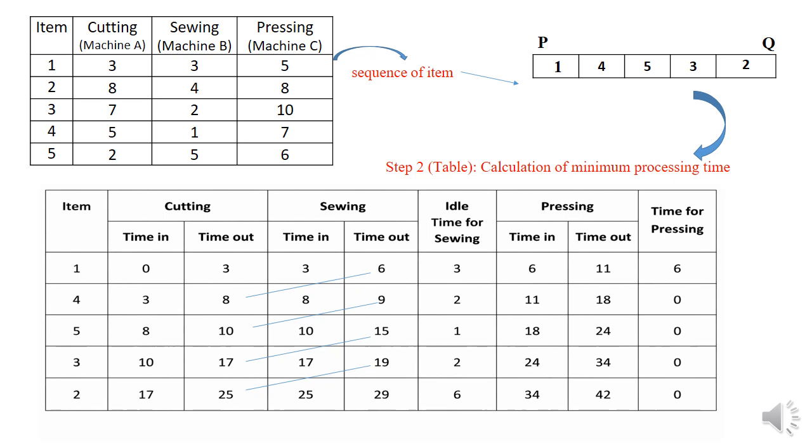Now the idle time. The idle time of sewing machine, or the waiting time of sewing machine, is 2 hours for starting the job, because the time out of previous work in sewing machine was 15 and the time in of the present work in sewing machine is 17.